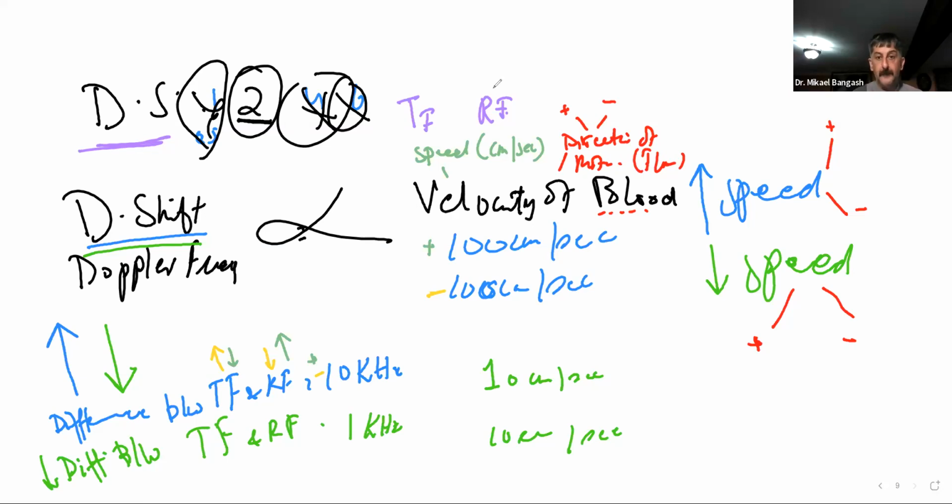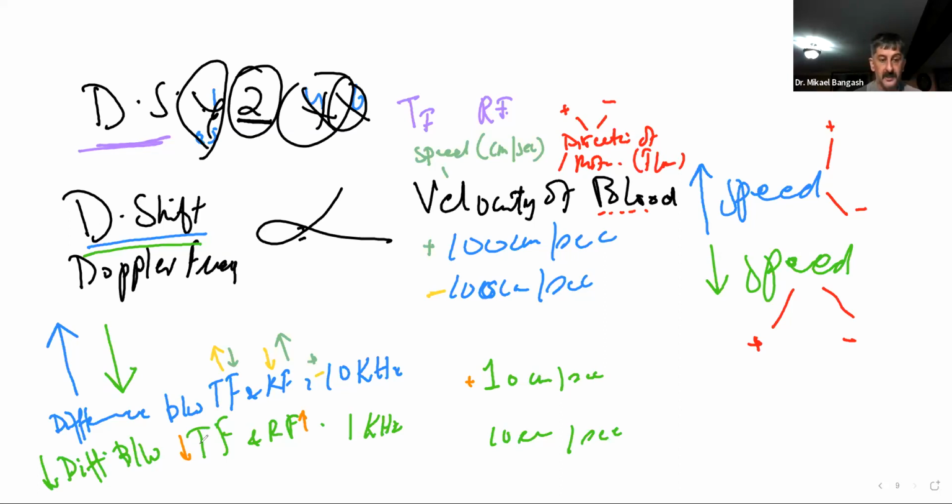It can still be positive. Now, why would that make it positive? If the reflected frequency was greater than the transmitted frequency, but the difference between the two was lesser than in this instance here, where we only had a difference of, let's say, 1 kilohertz, which the system will calculate as blood moving at a speed of 10 centimeters per second.